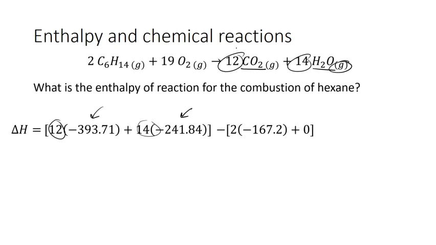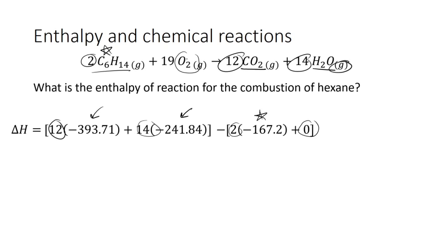Then from that, we subtract the heats of formation of the reactants. We look up the heat of formation for hexane, and that would be negative 167.2 kilojoules per mole. We multiply that by 2 because there are 2 moles of hexane in the balanced equation. And you'll notice 0 for oxygen, because in an elemental state, things do not have a heat of formation.